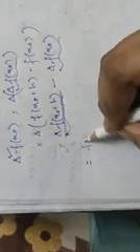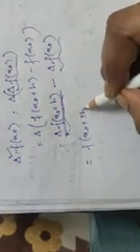Now apply delta over this: the next value minus this value, so f of x0 plus 2h minus f of x0 plus h, and then minus the next value minus this one.